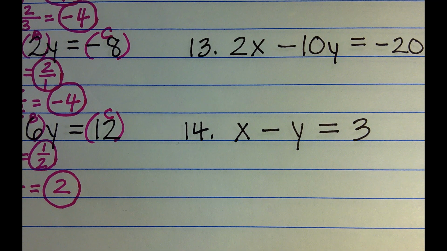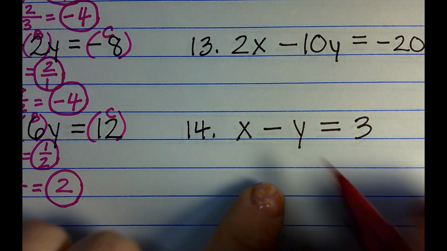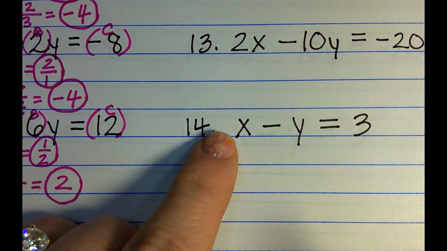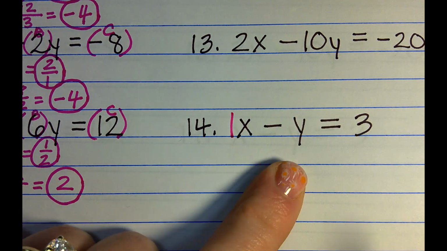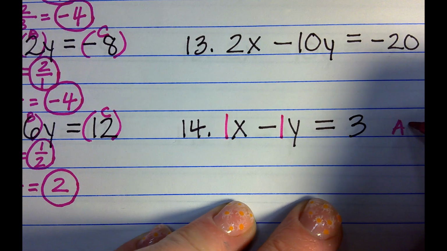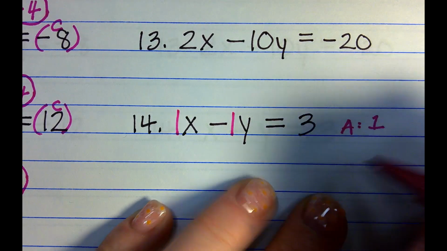This one's tricky. What's our A? What's our B? What's our C? We have an X, we have a negative Y. What does that mean our numbers are? 1 and negative 1. So A is 1.